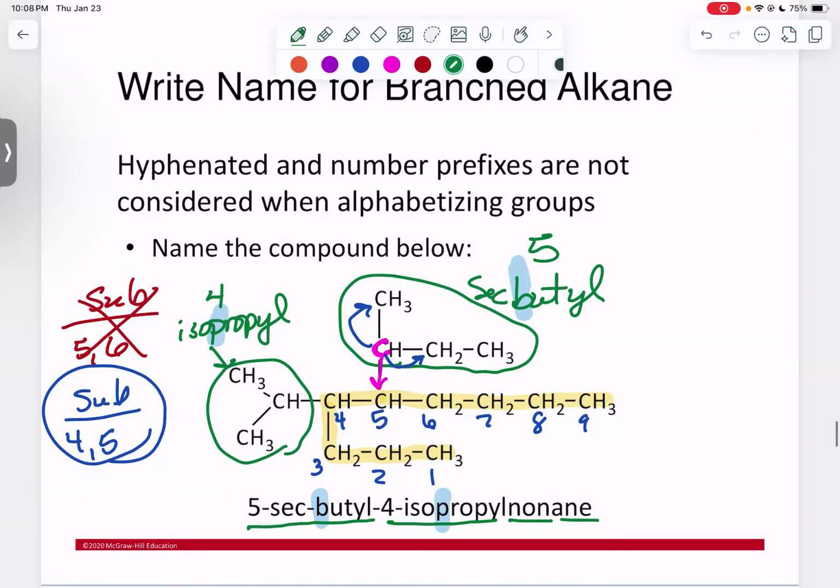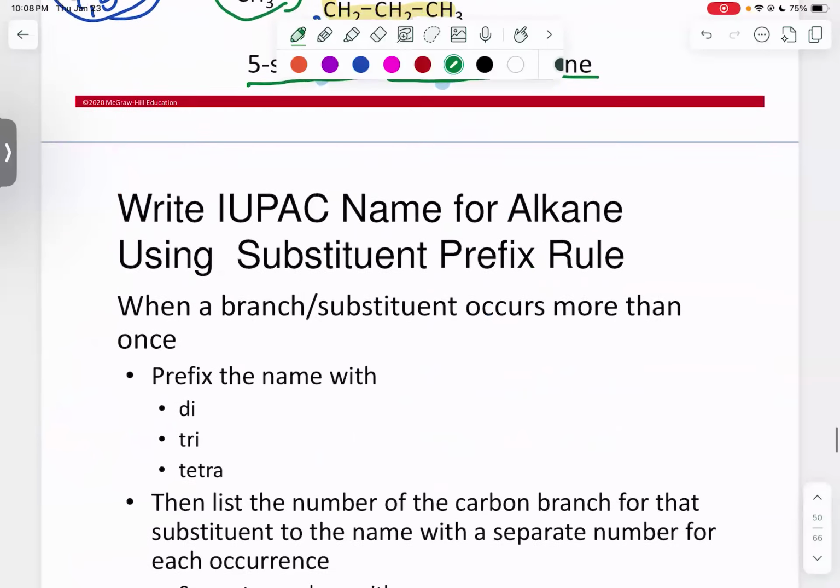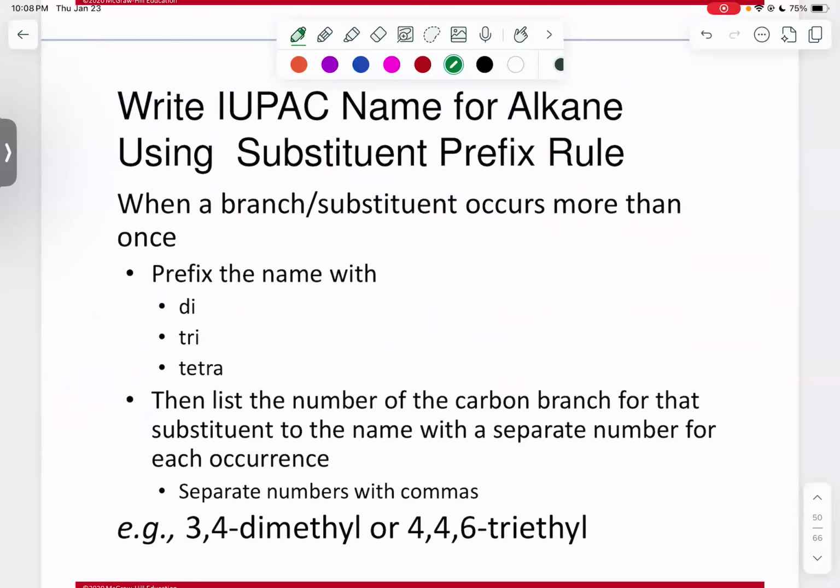You got to practice. When you have more than one of the same substituent, you're going to use a prefix like di, tri, tetra, and then you list the number of the carbon where those substituents are.